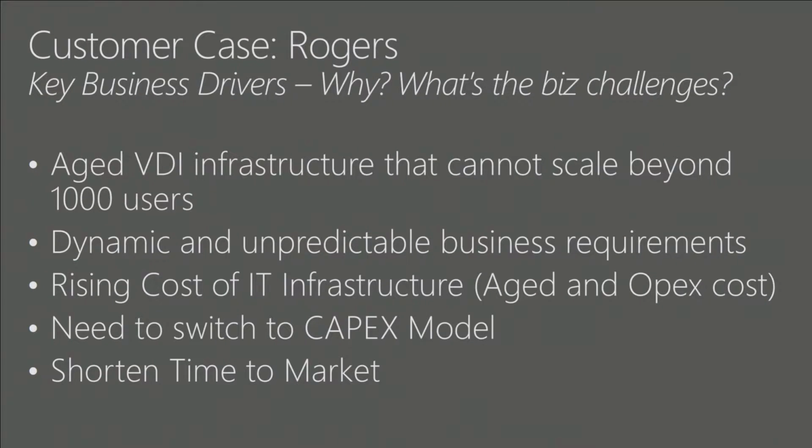Those were all drivers and challenges that made me think I need to switch to a CapEx model. I want to build a really good ROI model and a good total cost of ownership that saves money and delivers on time. So those were really the big challenges from our perspective.